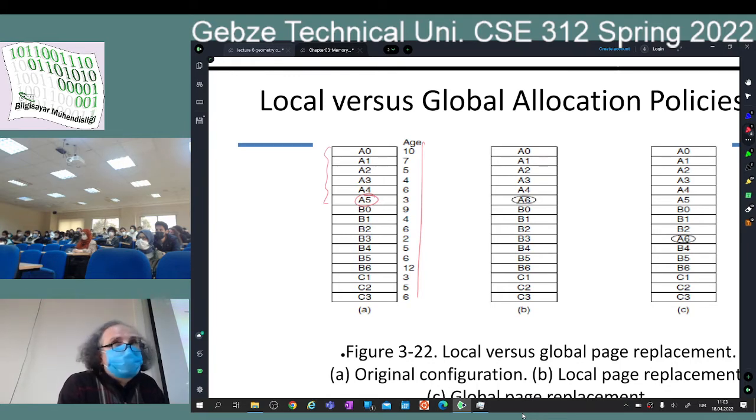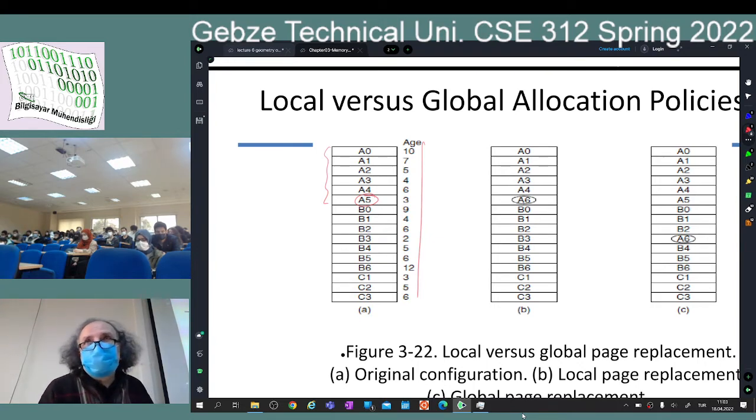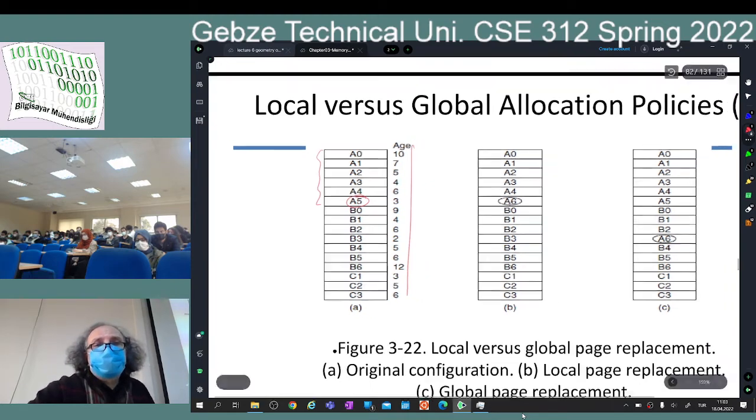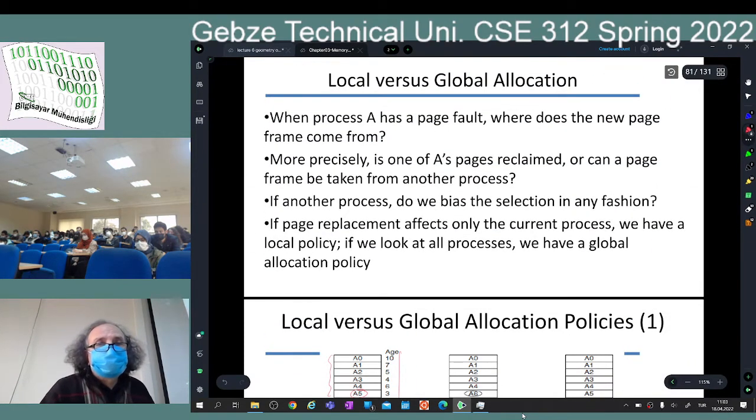That will be it. But local allocation ignores the fact that sometimes processes shrink. They don't need much memory. Sometimes they get larger. They need lots of memory. So if I use the global allocation policy, then my processes can get larger and smaller, right? That would be a nice thing.